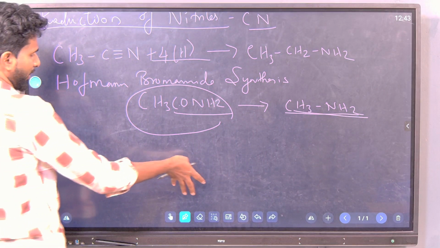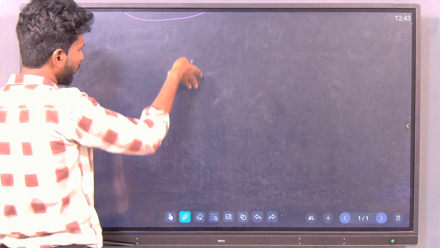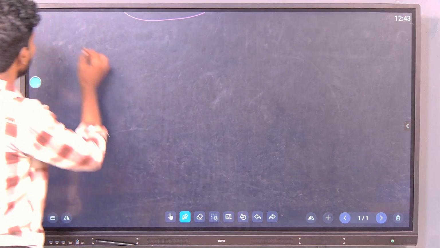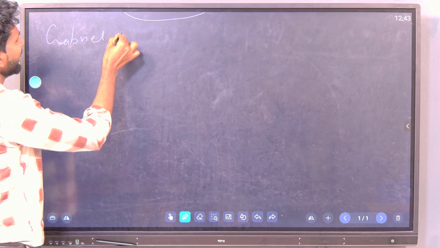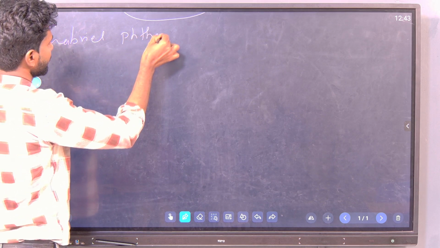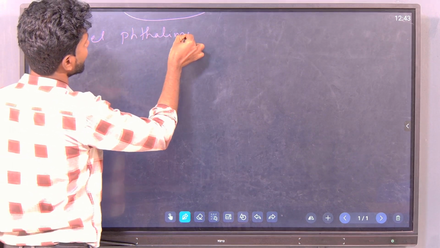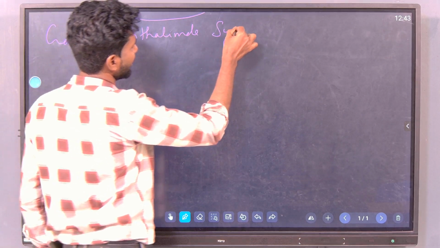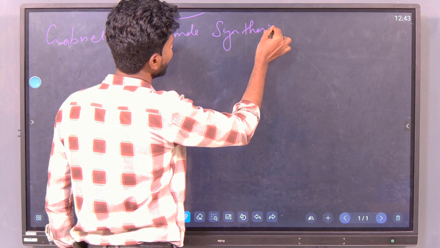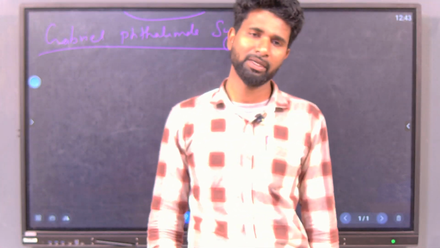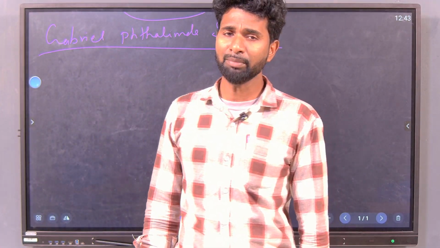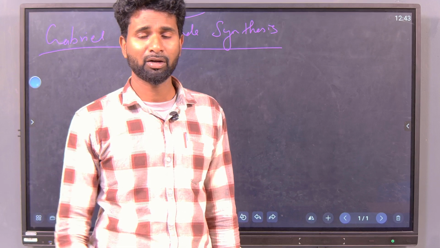Next one is important, preparation of primary amine only: the Gabriel phthalimide reaction, or phthalimide synthesis. Gabriel phthalimide synthesis is the preparation of primary amine. Here phthalimide is the substrate, the starting material.